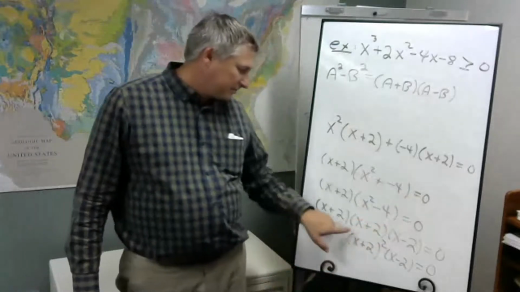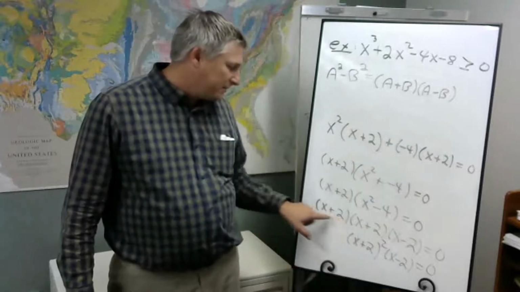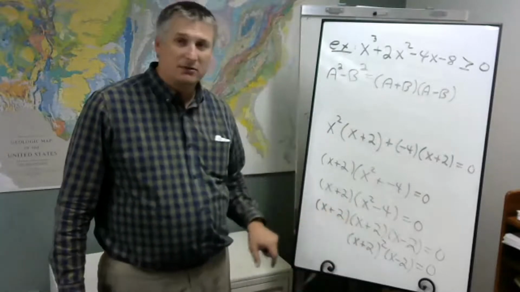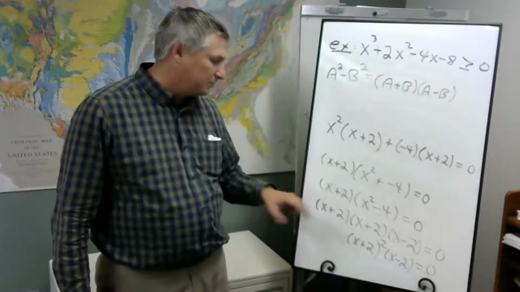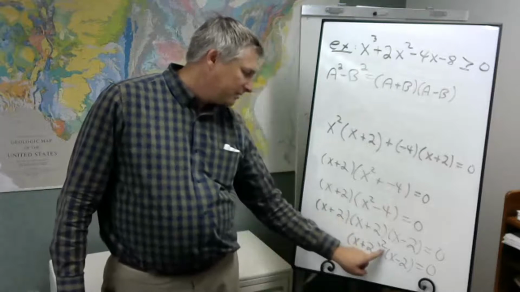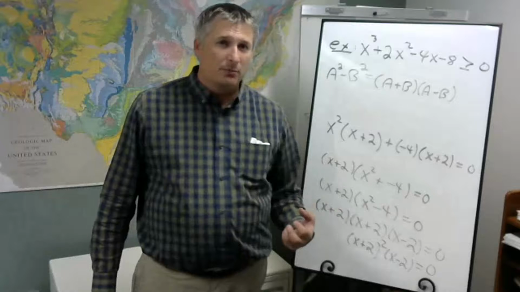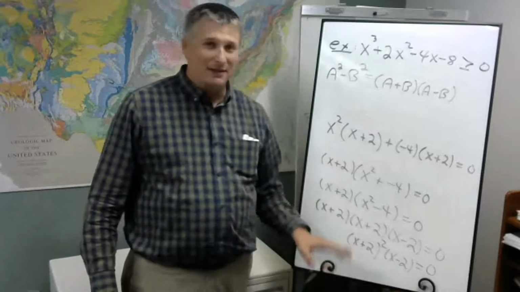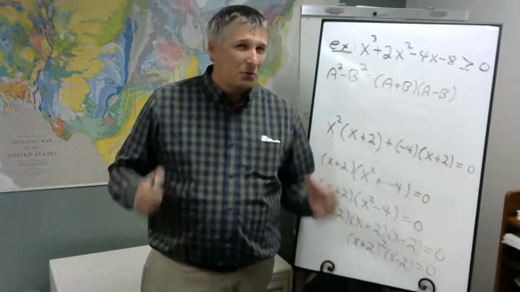But this factor, or really 2 factors that are the same, they're going to be 0 when x is -2, because -2 plus 2 is 0, -2 plus 2 is 0. They have a multiplicity of 2. That means the polynomial will contact the x-axis at x is -2, but it won't pass through.